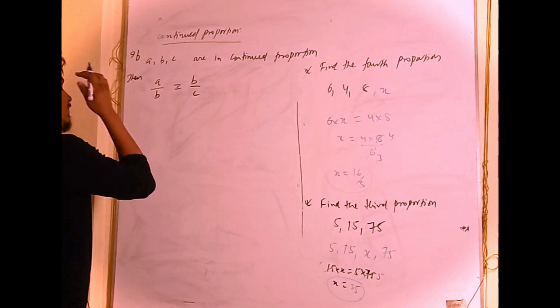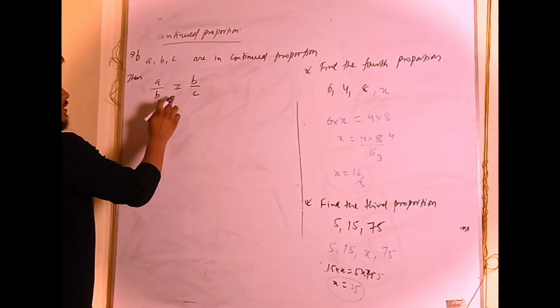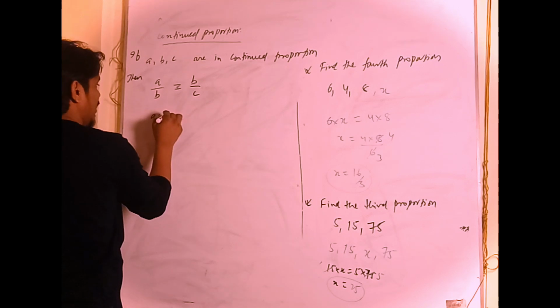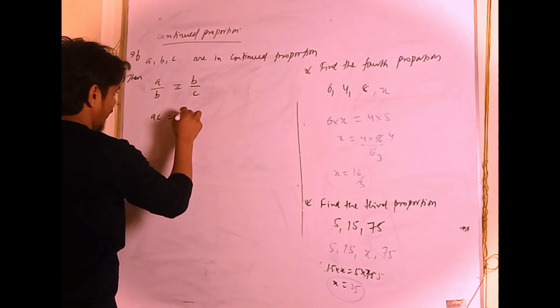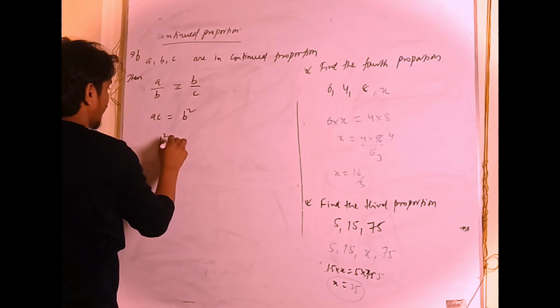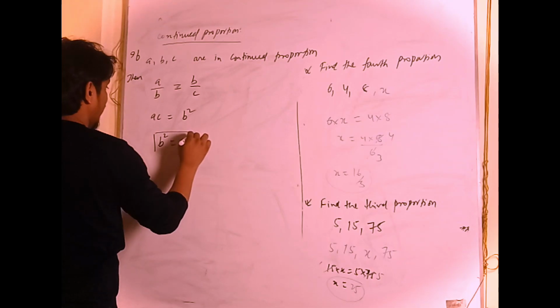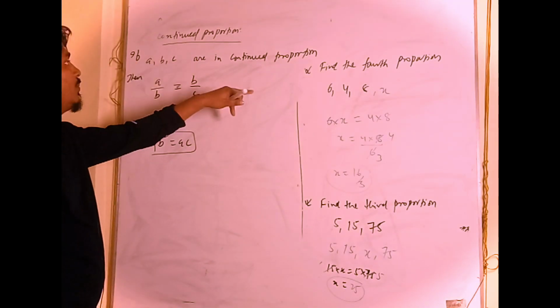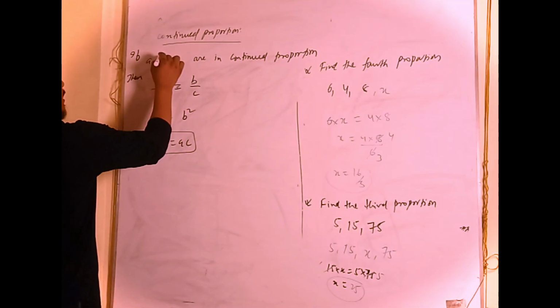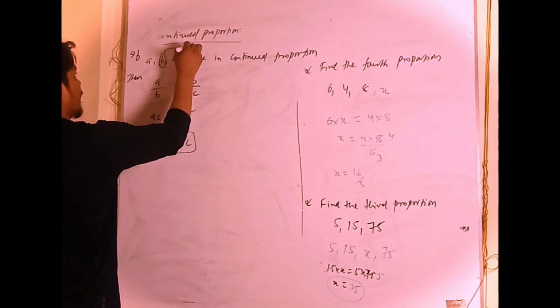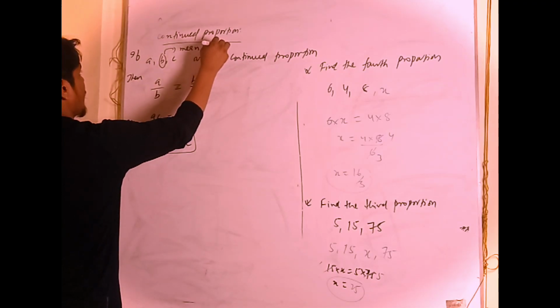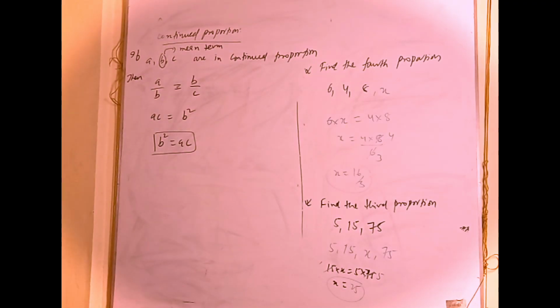Upon some simplification we can find that A into C is equal to B into B, which is B square. So we can find that B square is equal to AC. In this continued proportion, the middle number we call the mean term. The middle one we call the mean term.